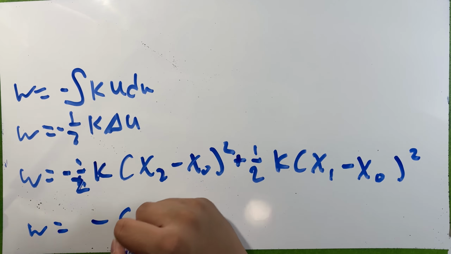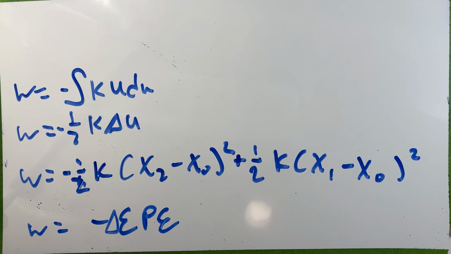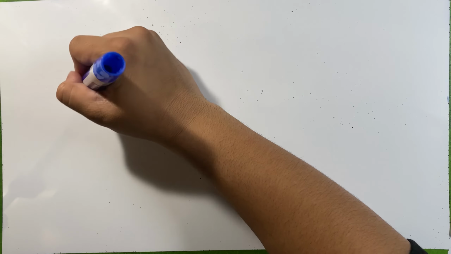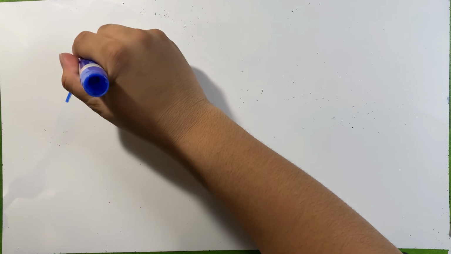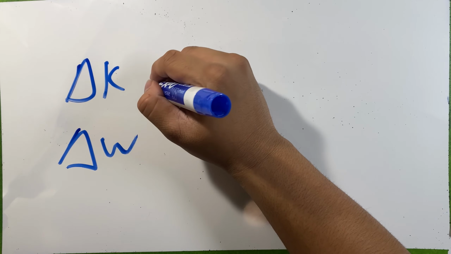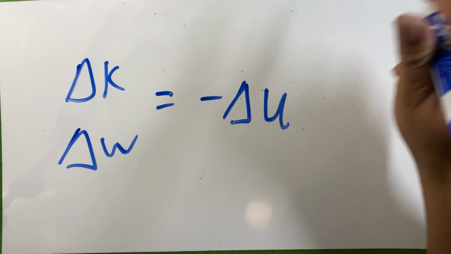In other words, negative the change in elastic potential energy. So we found the work is equal to the negative change in potential energy, and that fits in with what we said before: that the change in kinetic energy, or the work, is equal to the negative change in potential energy.